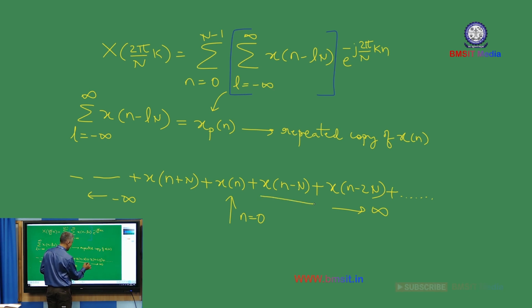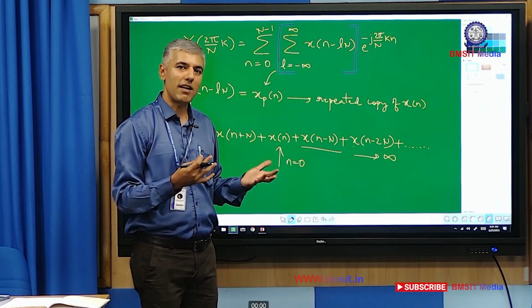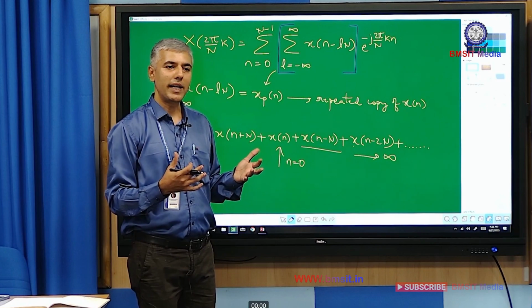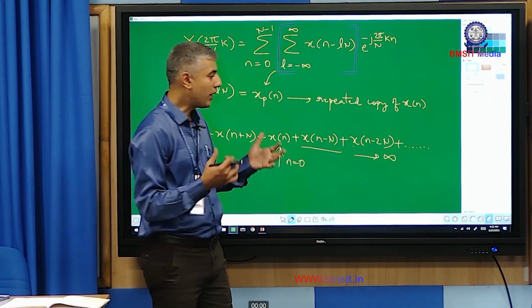The x of n minus capital N is x of n itself delayed by a time unit of capital N. Similarly, x of n minus 2N is x of n itself delayed by a time unit of 2 times N.